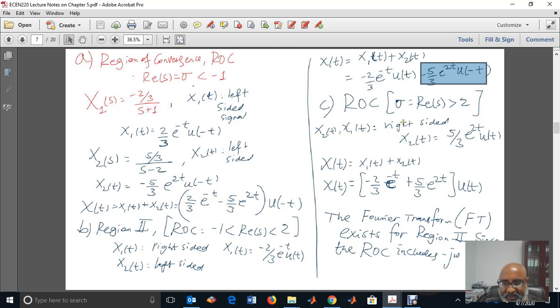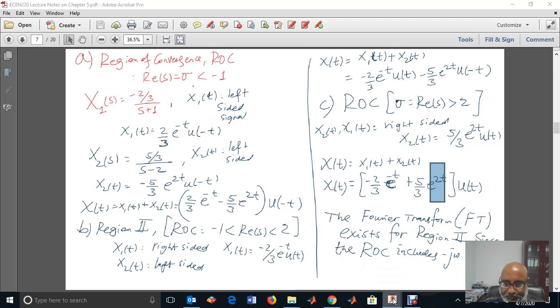For the last one, this part is decaying and this one is growing, overall it's growing, and the Fourier transform doesn't exist. So the only case where the Fourier transform exists is when the region of convergence is between -1 and 2.